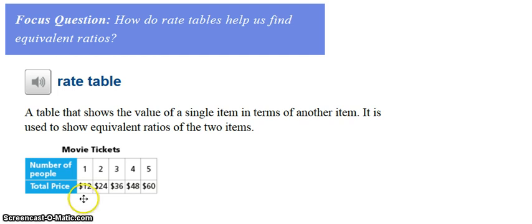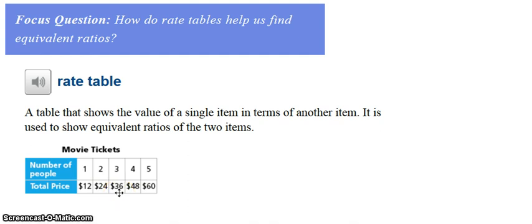If you notice, one pattern is for every time they add one person across the top, the price across the bottom increases by $12. So there's a lot of adding patterns in a table like this, but there are also multiplication patterns that you can see. For example, if we take this one person for $12, if we multiply the top and the bottom by 3, we can find the cost for 3 people, because 1 times 3 is 3 and 12 times 3 is 36.